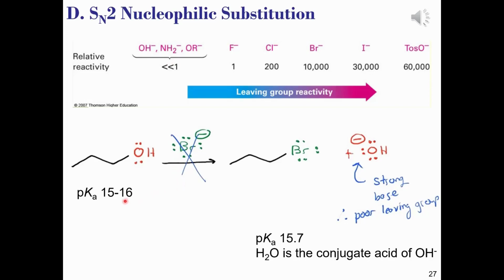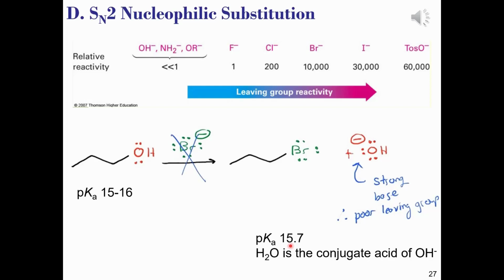So the OH- group that we see on the right is a very strong base and is not capable of stabilizing the negative charge. In fact, H2O is the conjugate acid of OH-, and its pKa is about 15.7. However, that doesn't mean that alcohols are excluded from undergoing SN2 reactions, just rather we need to treat them differently.